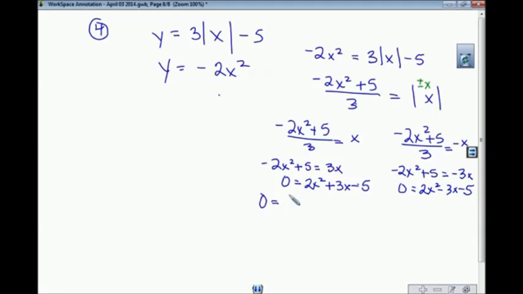Okay, so this factors to, okay, I need a 2x, and I don't want to multiply it times the 5, so 5 needs to be with it. And the x and a 1, because that's the only way I can get 5. And so I need the 3 to be positive, so the bigger number needs to be positive, the smaller number needs to be negative. Okay?